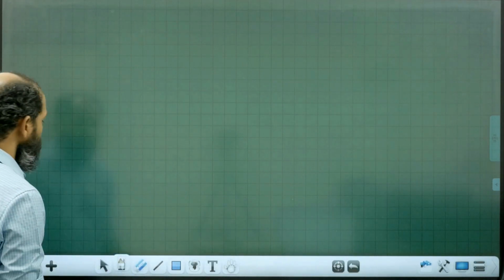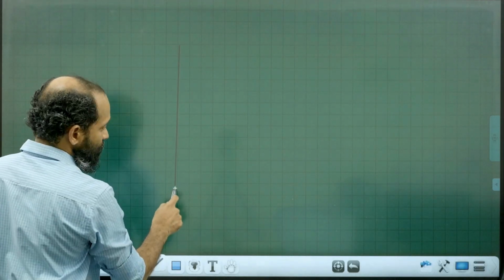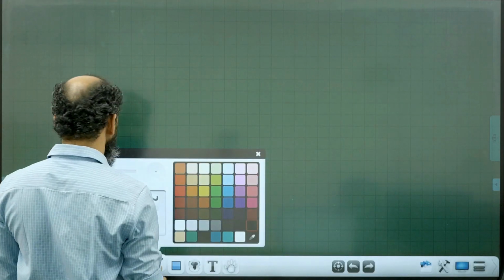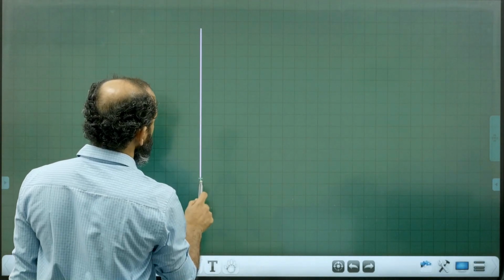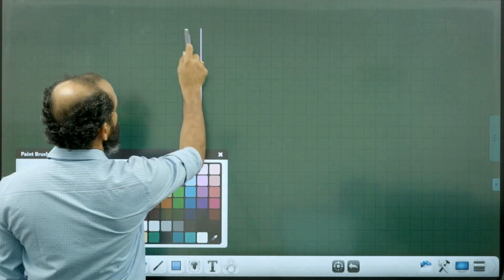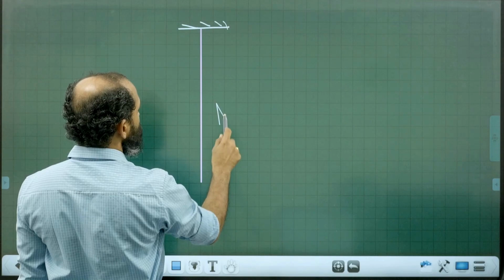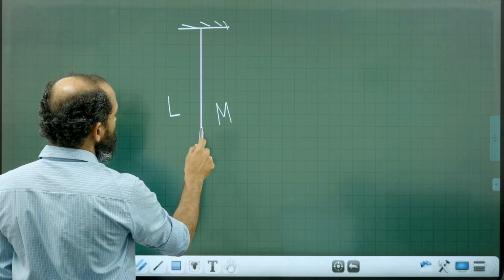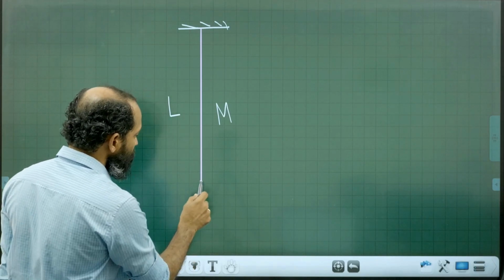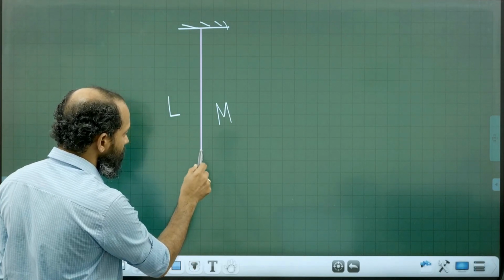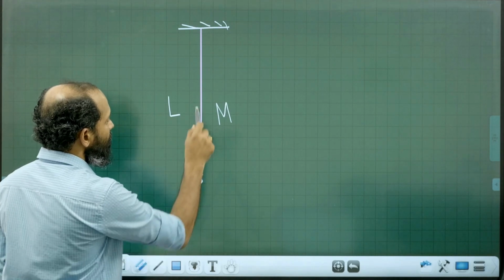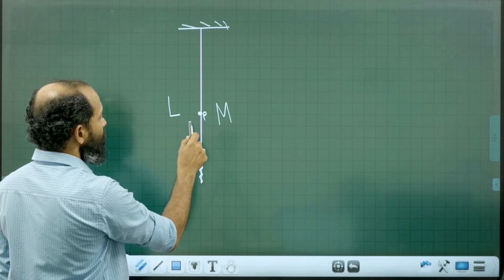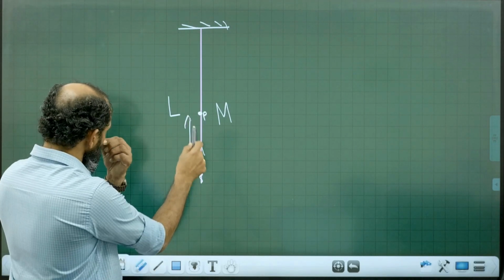Let us apply this once. Suppose you have a loaded wire, a wire suspended freely like this. The mass of the wire is m, and the length of the wire is L. What is the velocity of a wave which originates at the bottom and travels upward when it reaches a point P, which is at a distance x from the free end?